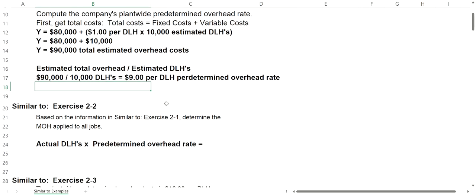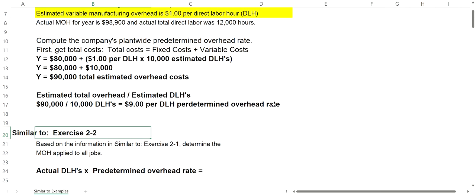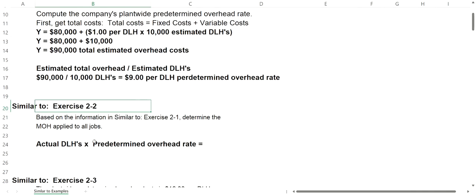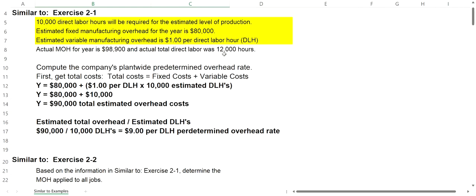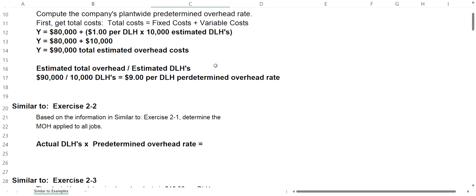We'll go on to similar to exercise 2-2, where we'll do step two and apply the cost. So using the same data, we are now going to apply overhead cost. So the formula we want to use is your actual direct labor hours, which were given at 12,000, times the predetermined overhead rate, which we came up with in step one, of $9.